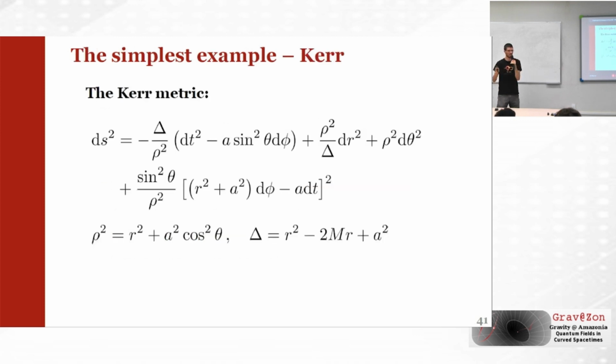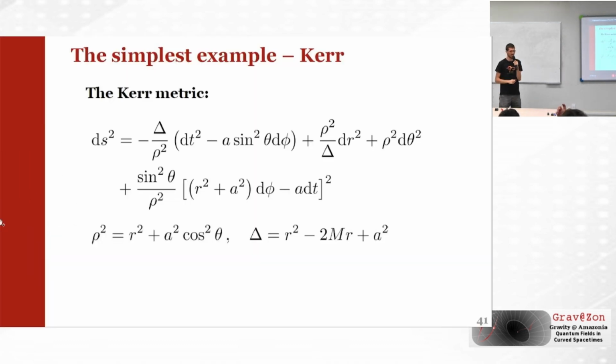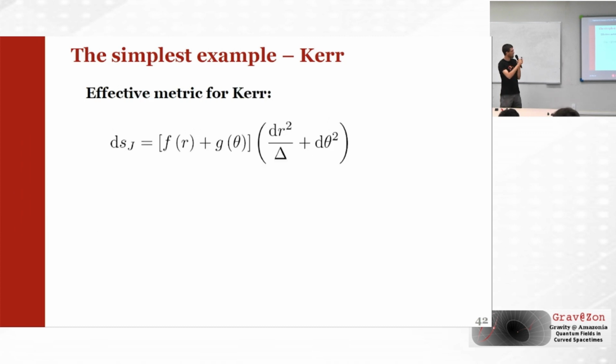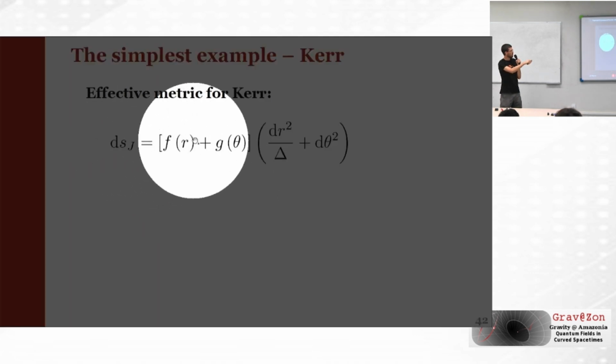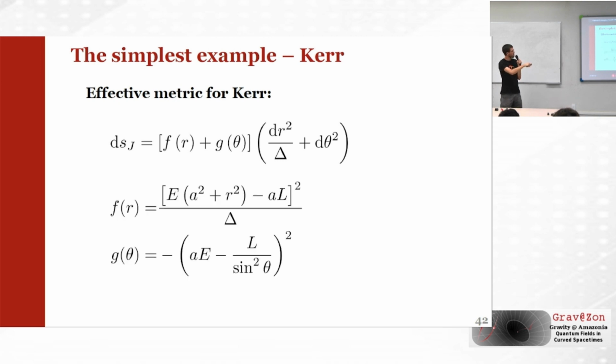Now I will consider the simplest example, which is Kerr. This is a very famous metric, the Kerr metric, in the form given by Chandrasekhar. If we insert this metric into the expression for the effective metric, what we end up with is something with this shape, where f and g depend only on one of the coordinates and have these simple expressions here.